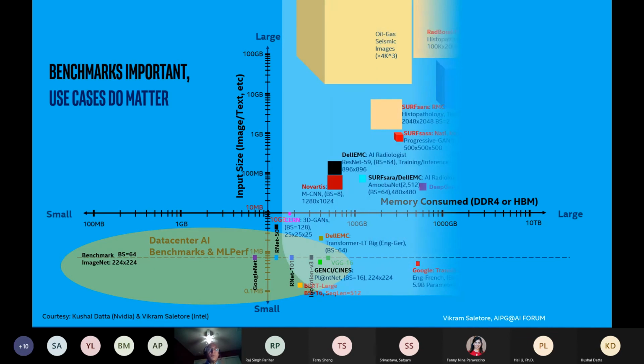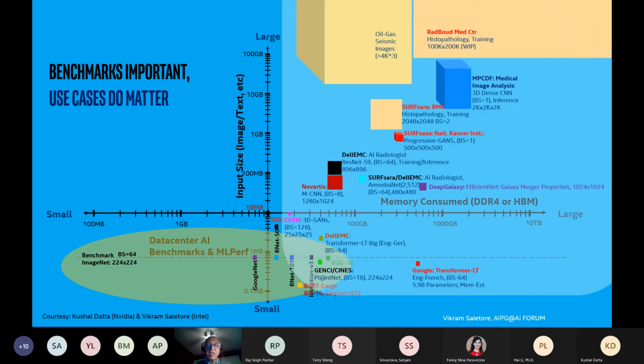But if you look at the use cases that we have looked at, there are other use cases that I have not talked about. For example, Novartis is one, and Deep Galaxy I show here. I've done some work with Dell systems on radiologists. And then I told you about the histopathology, and then the Max Planck Institute. These are in the top right.